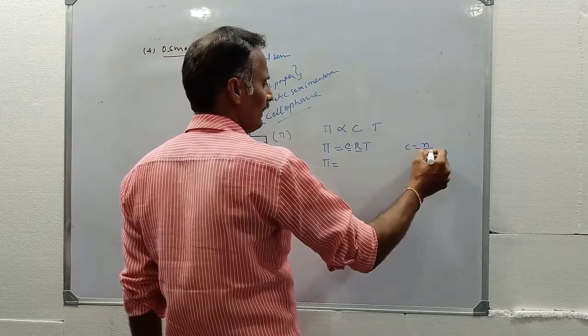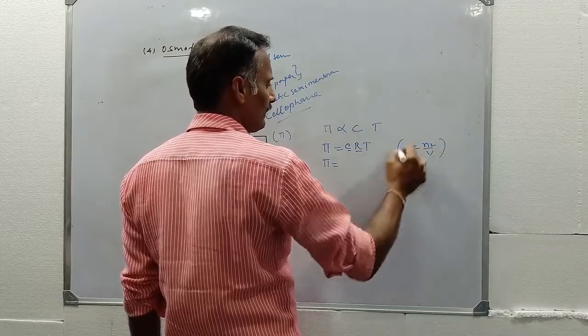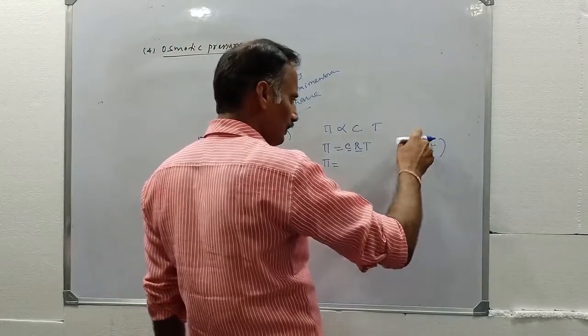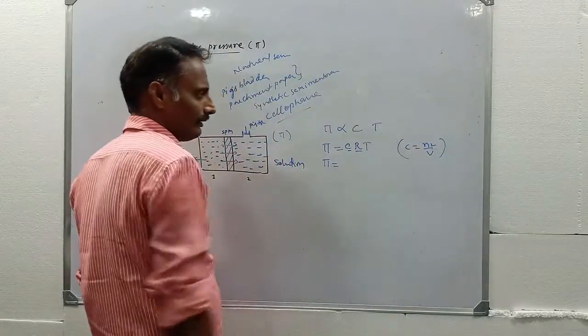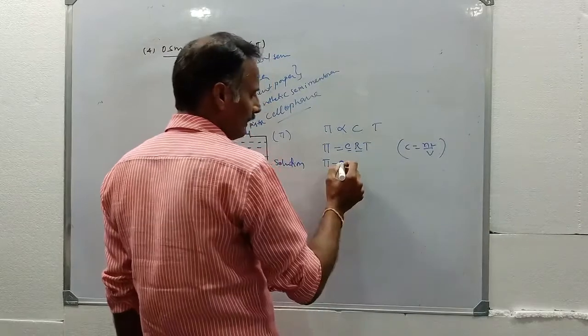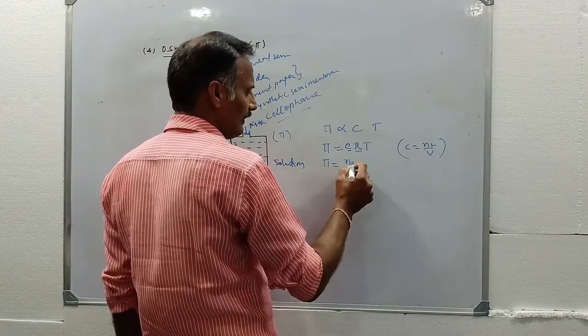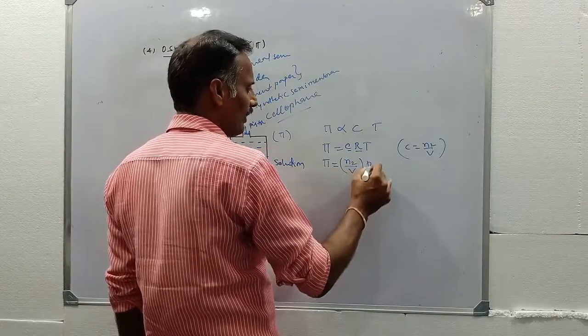Concentration C = n2/V, the number of moles of solute present in a given volume of solution. So π = (n2/V)RT.